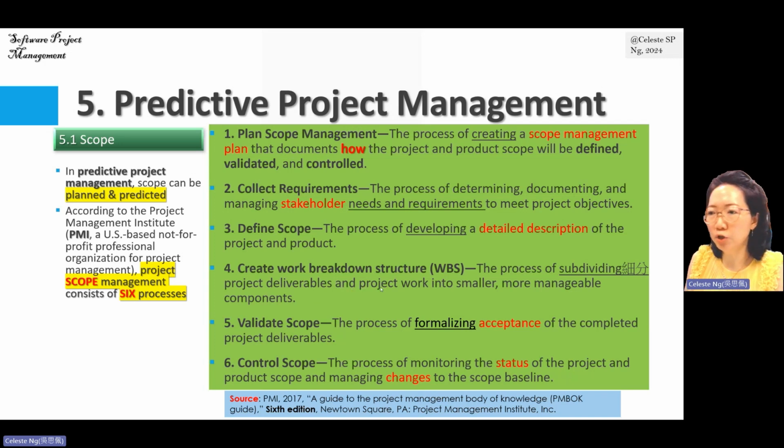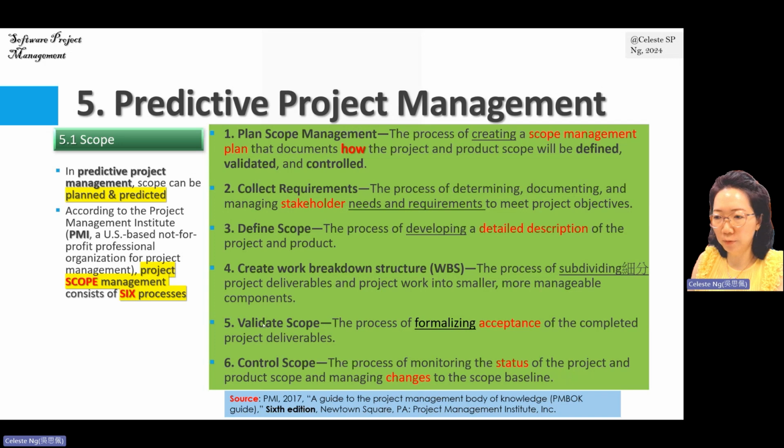In this work breakdown structure, we try to break down our project work into smaller pieces of work, into more manageable components, so that we can assign the work, so that we can manage the work, so that we can control the work.